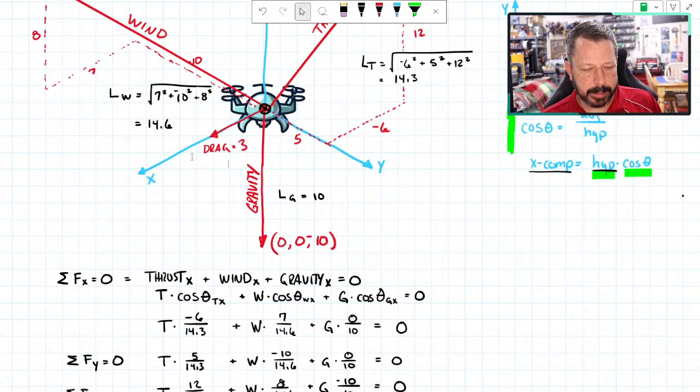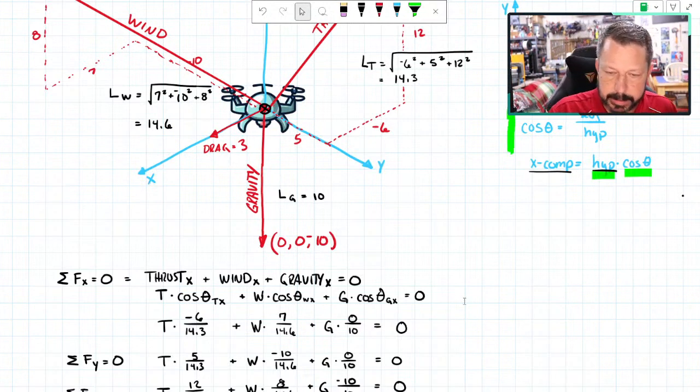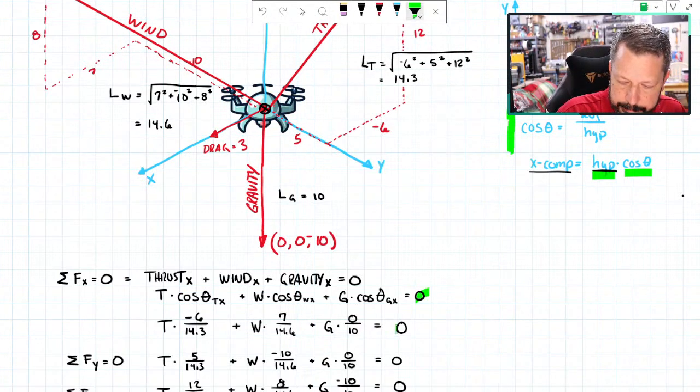So that's in my x direction, so that would change my x equation. It would change all of these, right? Those all become -3 here. Well, not that one. That's the y equation.